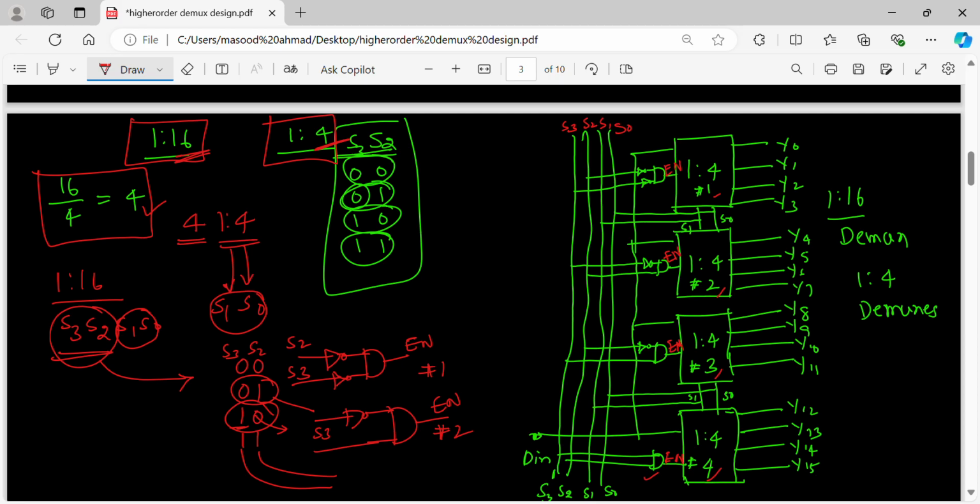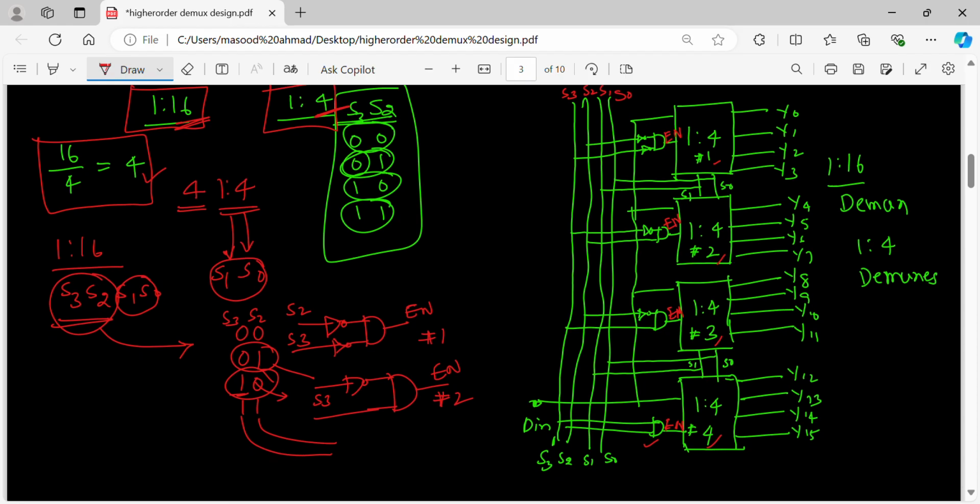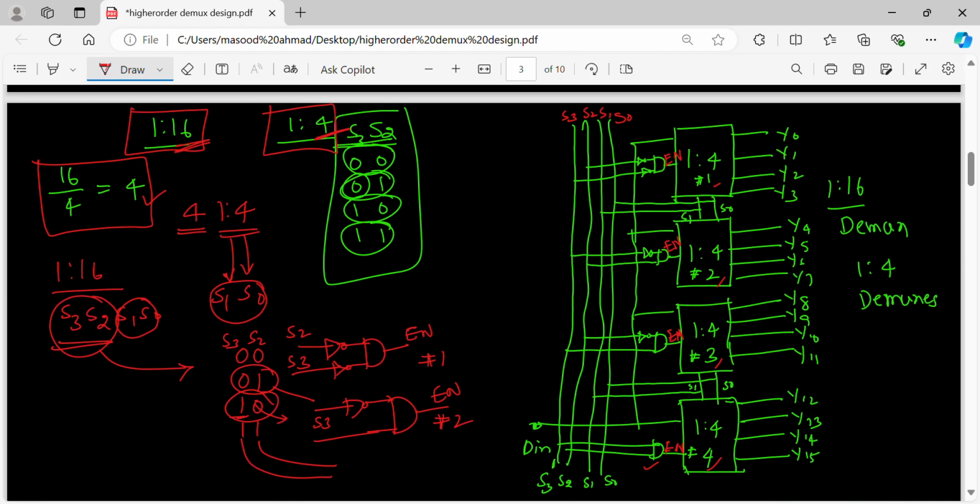So this is what we did. For all of them the input is the same, D in. All D ins are combined together, so only one D in we have.